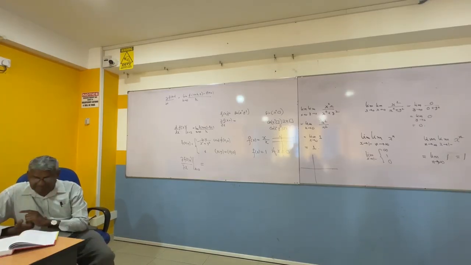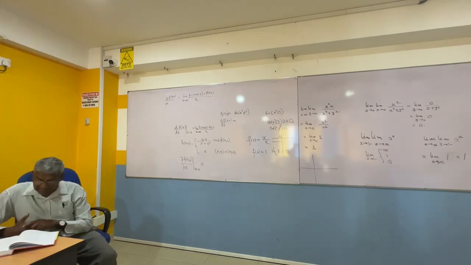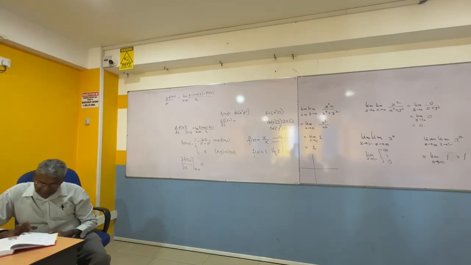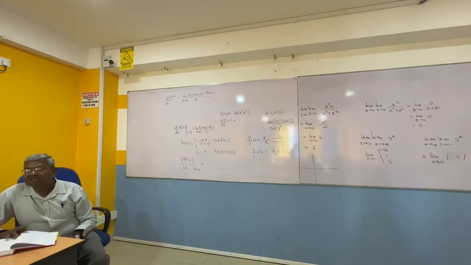I mean, you apply the product rule to get the derivative, then you get limit of 2x times sin x to the minus 4 minus 4x to the minus 3 cos x to the minus 4 as x tends to 0. You can see the limit of the first term is 0.